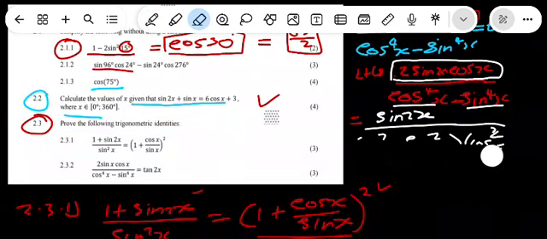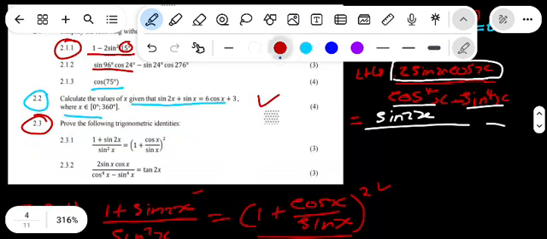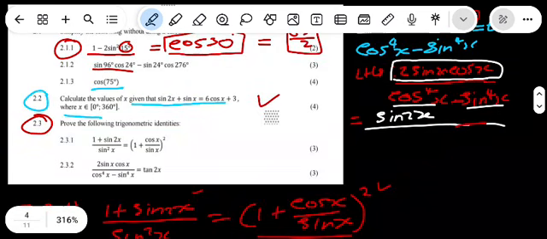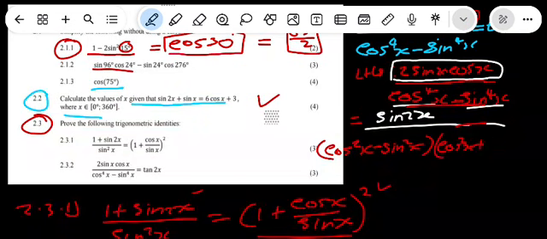Simplify, this will be over cos squared x minus sine squared x, which must be multiplied by cos squared x plus sine squared x.